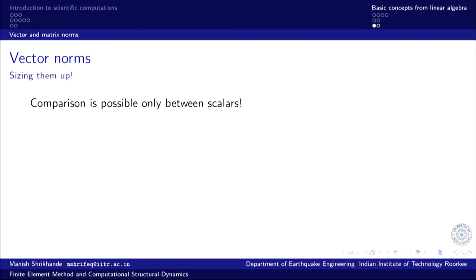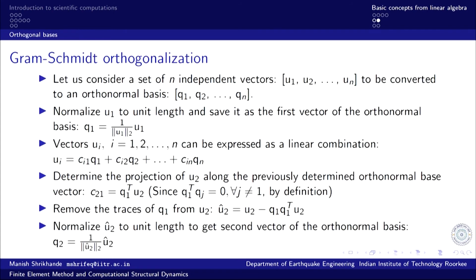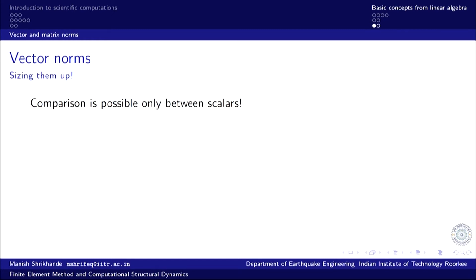Now, another thing that we need to discuss is the error, and how do we size it up. If you look at it, this particular thing we are using is what we call the L2 norm, or the length of the vector. When we are talking about approximate solutions, we also have something called error.